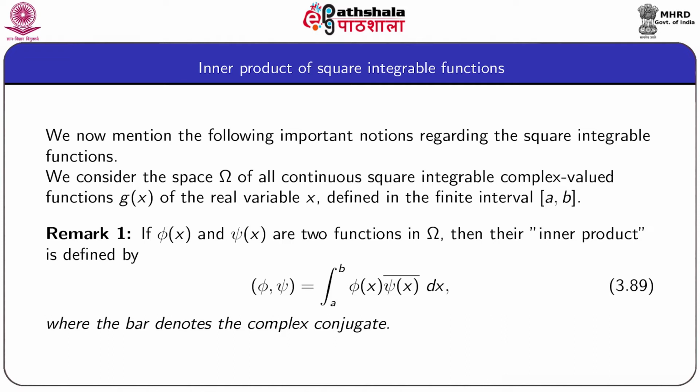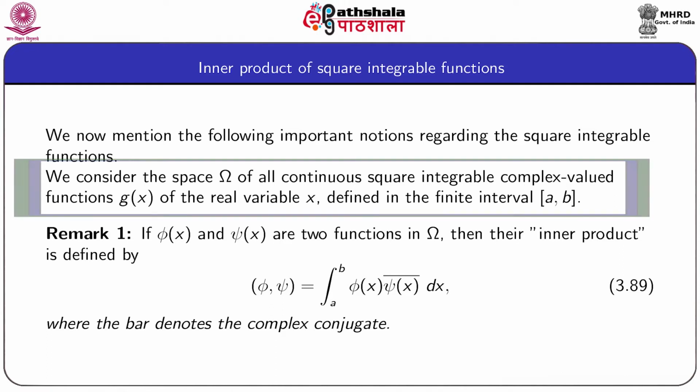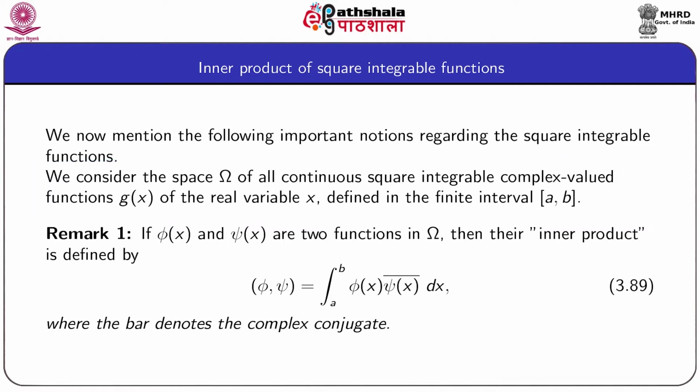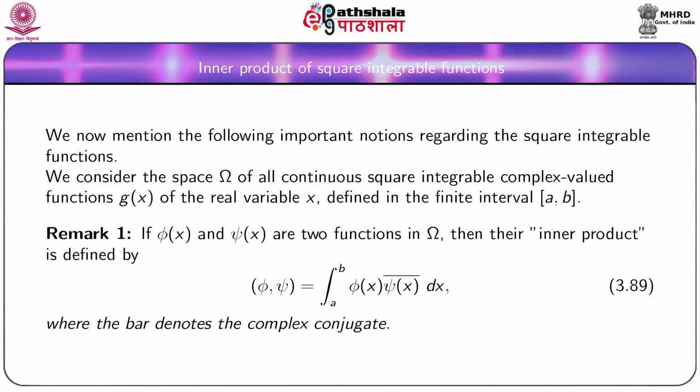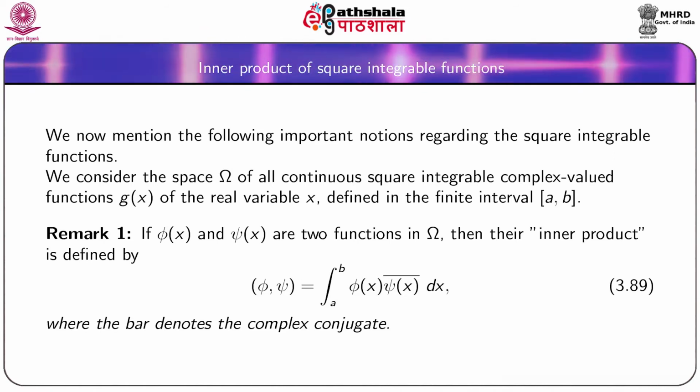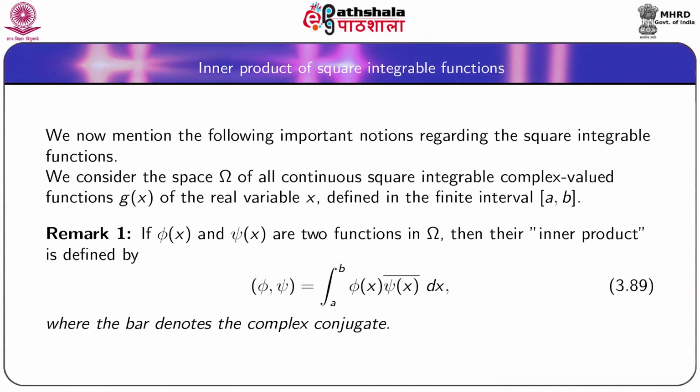Now, we will mention some important notions regarding the square integrable functions. Here we consider the space omega of all continuous square integrable complex valued functions g(x) of real variable x defined in the finite interval [a,b]. First we come to the observation given by remark 1.